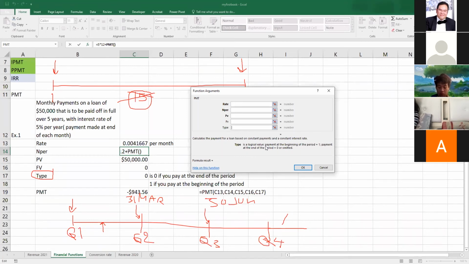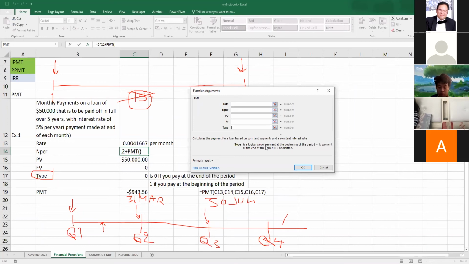On the 1st of May, the interest will be calculated, but it's 0 because you just borrowed the money today. On the first day you don't have the interest. And also, when we talk about the interest on the 1st of June, you have to pay the money to the bank.